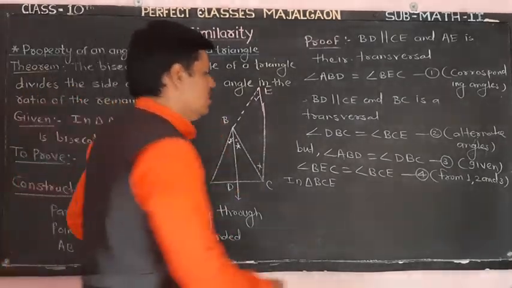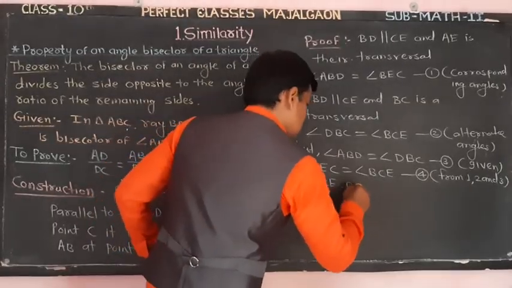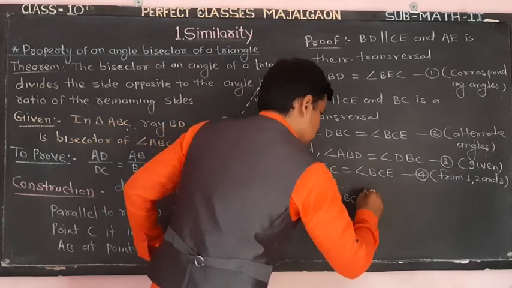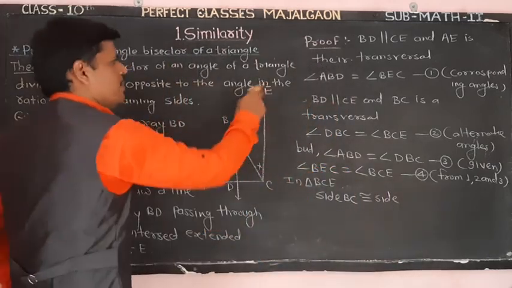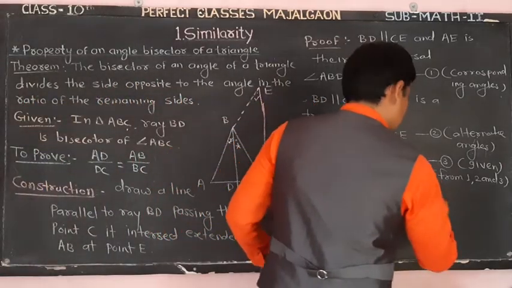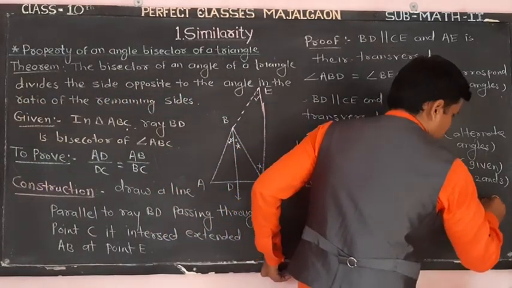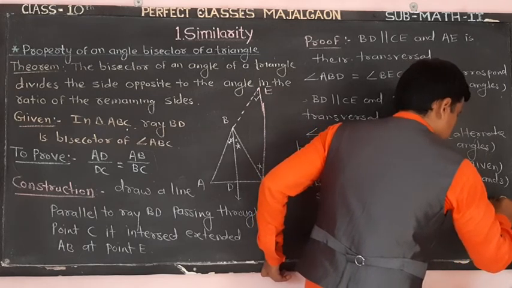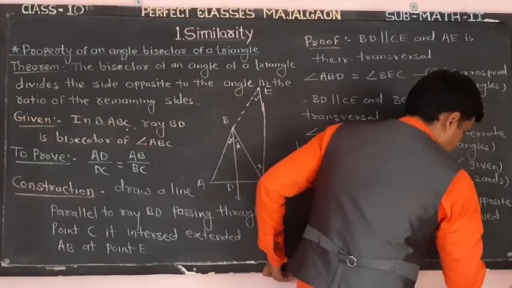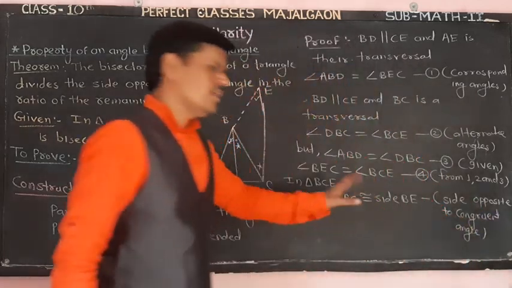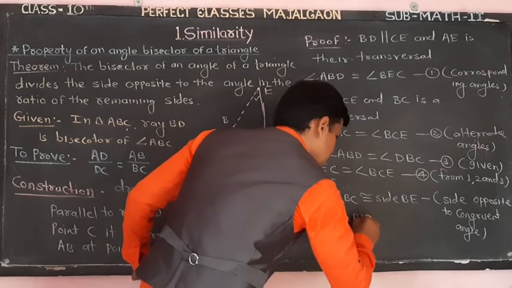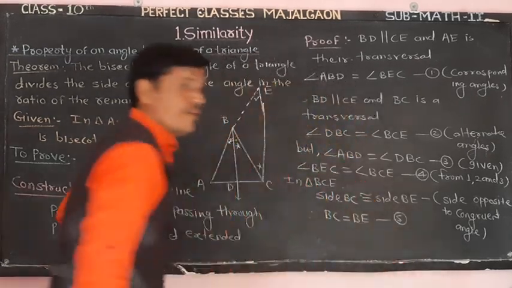That's why we can write side BC congruent to side BE, because sides opposite to congruent angles are congruent. I will write the reason here. These two sides are congruent, meaning in mathematical language they are equal in measure. Name it equation number 5.